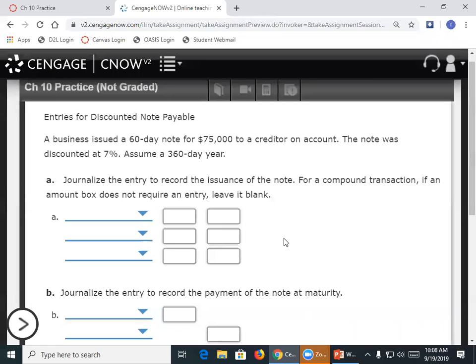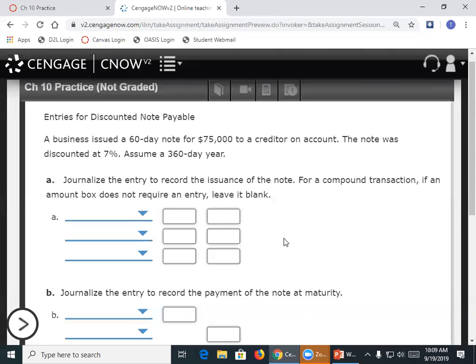Okay. Well, again, in this case, my formula to calculate the discount amount is the same as calculating interest. So you're going to take your 75,000 times 7% times 60 over 360.